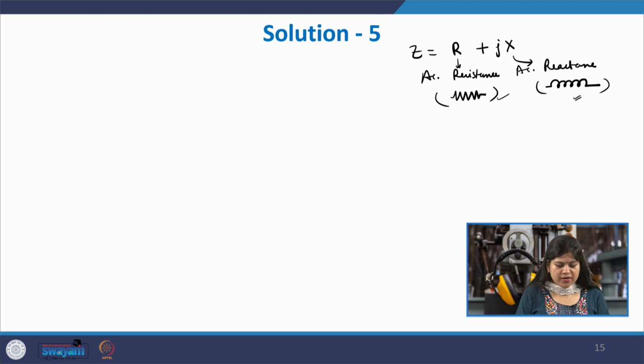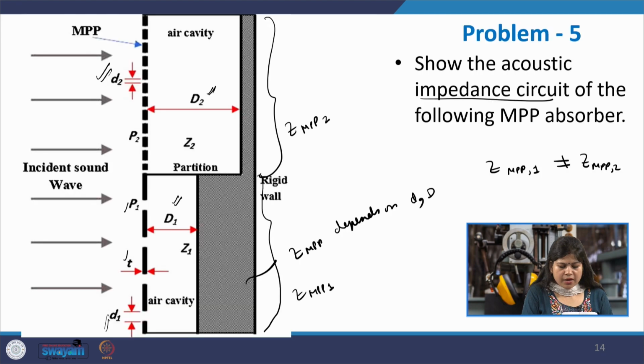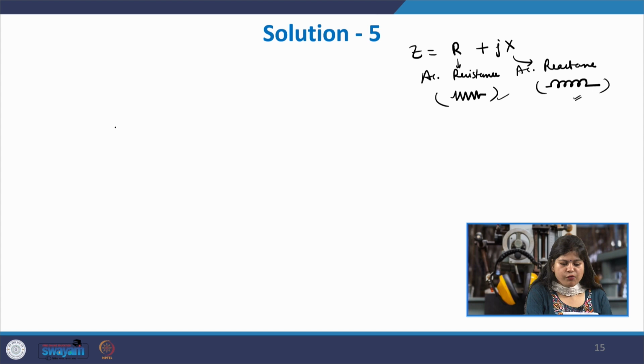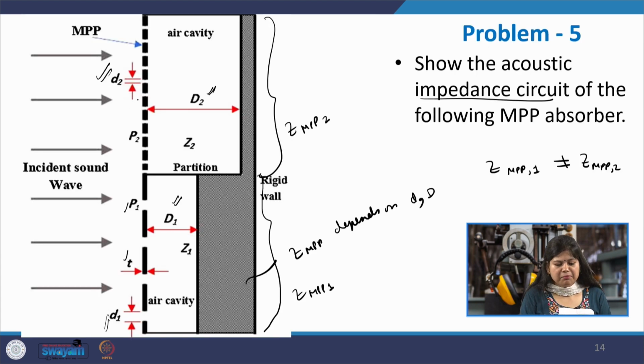So, you can represent this circuit as follows. You have the sound wave incident on it. First of all, they are travelling from a characteristic medium which has a characteristic resistance, rho c, there is no complex part, that is where the incidence is happening, and then it is passing through two MPPs that are connected in parallel.